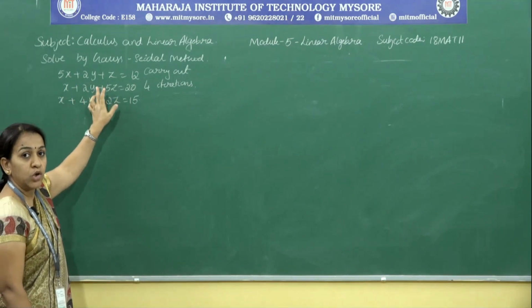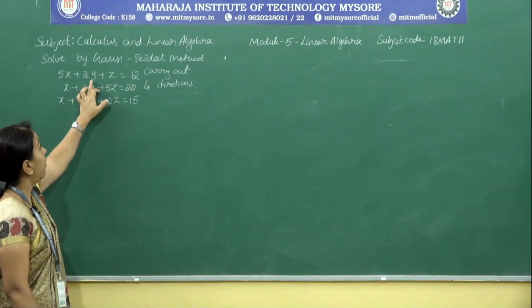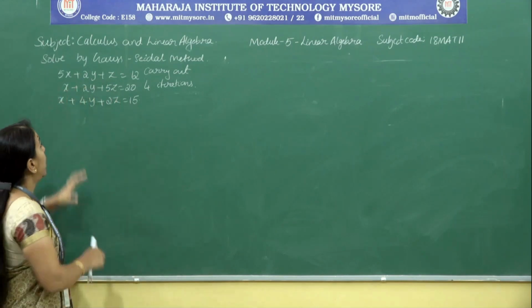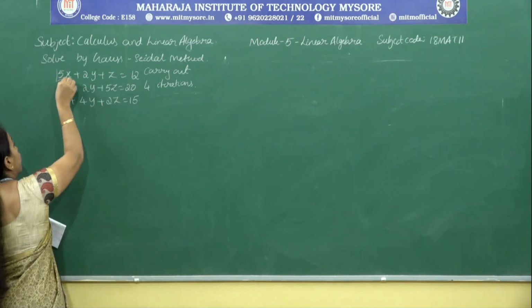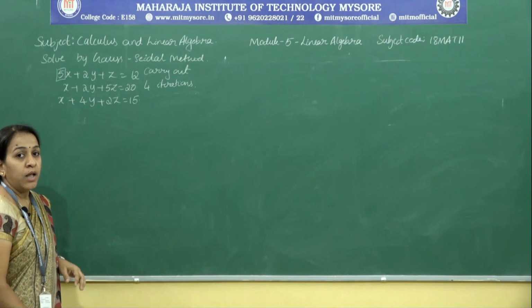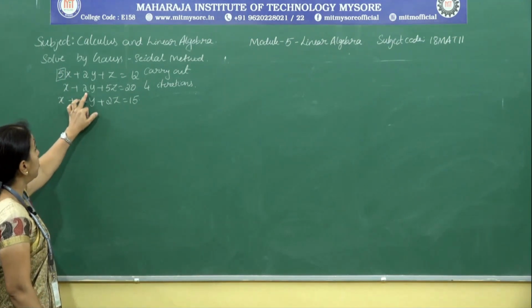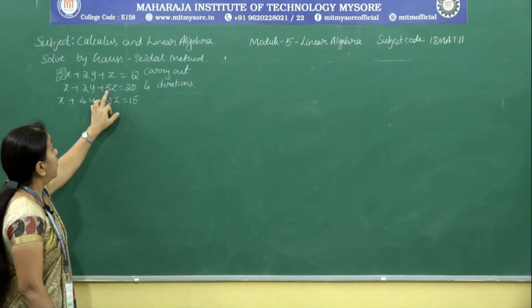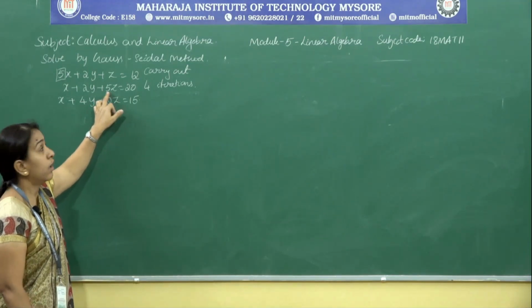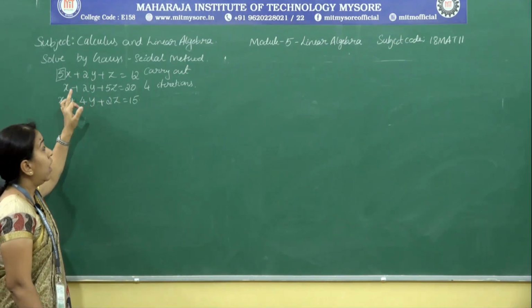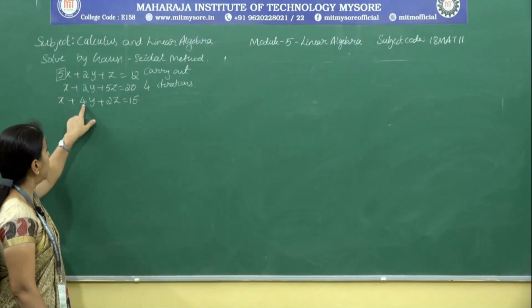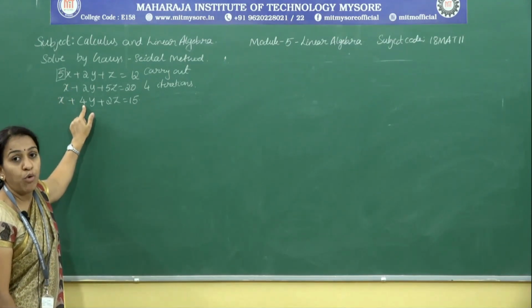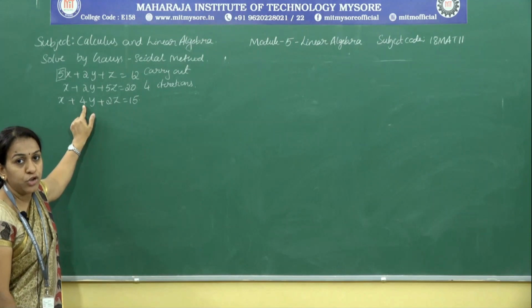If I compare with the other 2, x should be more than the y and z coefficients. We have the x coefficient as more than the other 2. In the next equation, y should be more than the other 2, but here our z coefficient is more compared to the other 2. And in the next equation, yes, the y coefficient is more compared to the x and z coefficients.